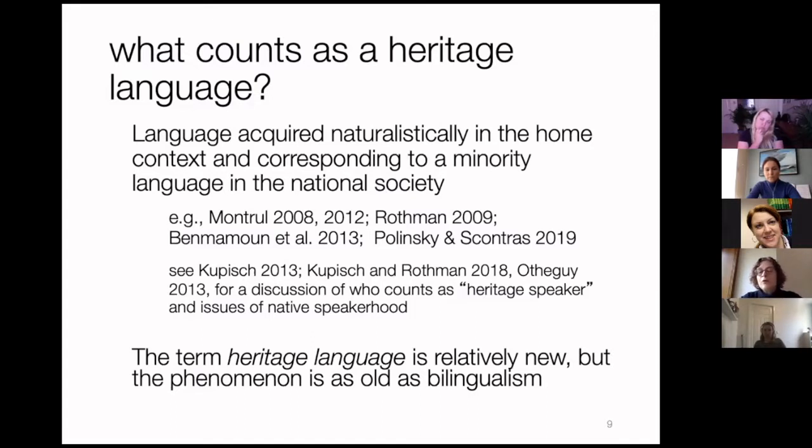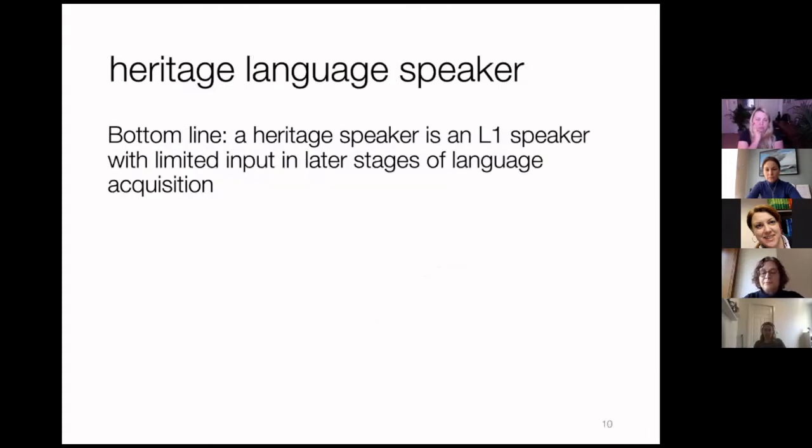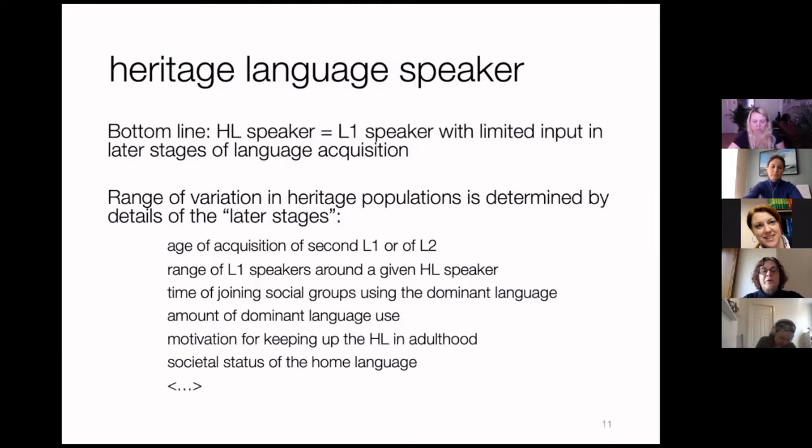But although the term is new, and for example, in Europe, they use terms such as minority languages and other terms, we shouldn't be losing track of the fact that the phenomenon of imbalanced bilinguals is quite old, as old as bilingualism itself. And so the bottom line is that a heritage language speaker is a first language speaker who has limited input in later stages of language acquisition. So that's the basic definition of what we're dealing with.